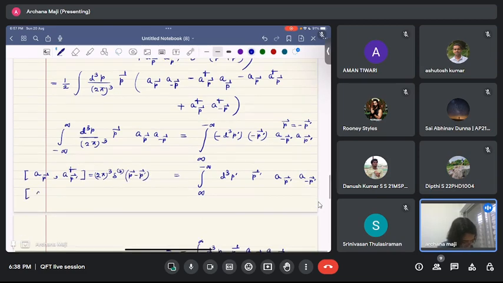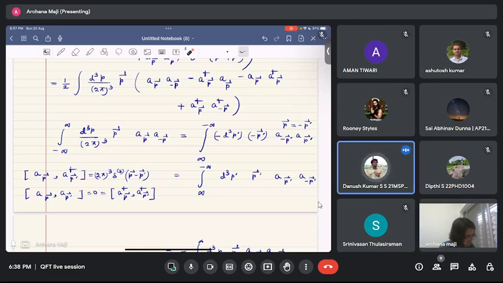Okay, and a p and a p prime always commute. Likewise, a dagger p and a dagger p prime. So since we have a operators, I can always switch these two because they commute, right? So a minus p prime, you consider minus p prime as q. Yeah. Okay.